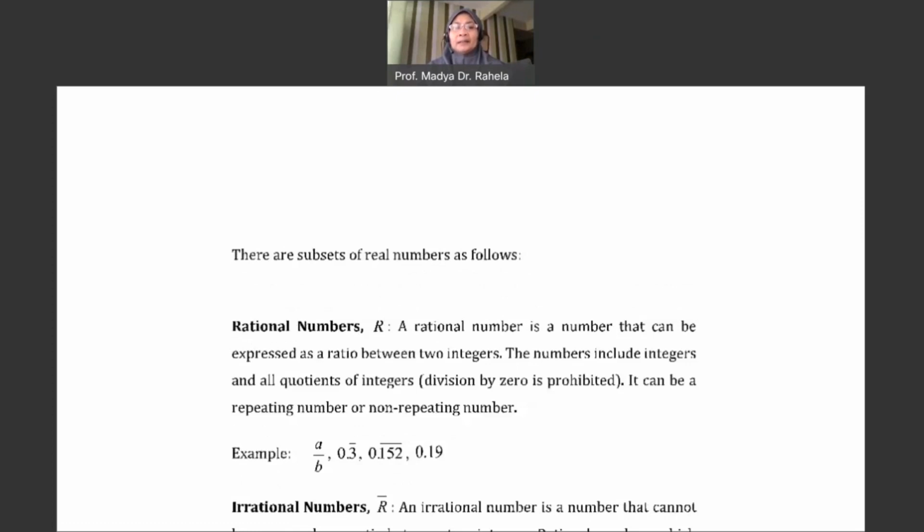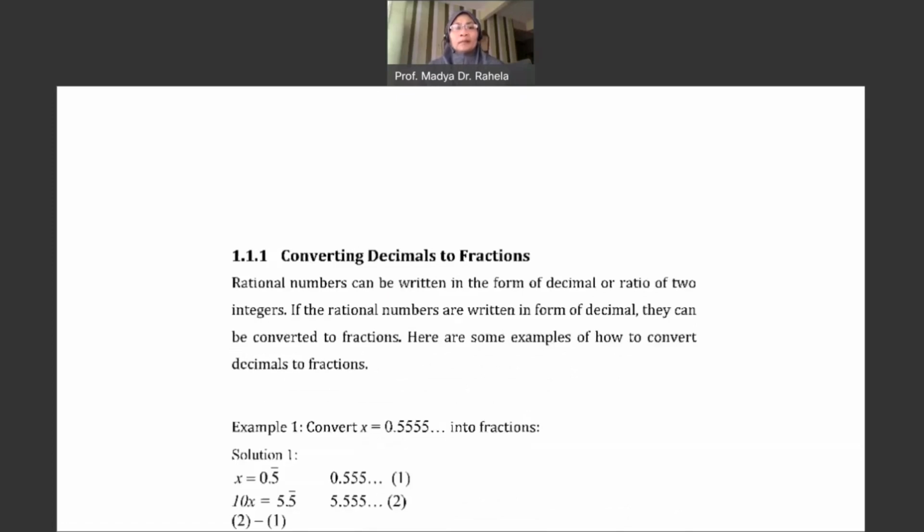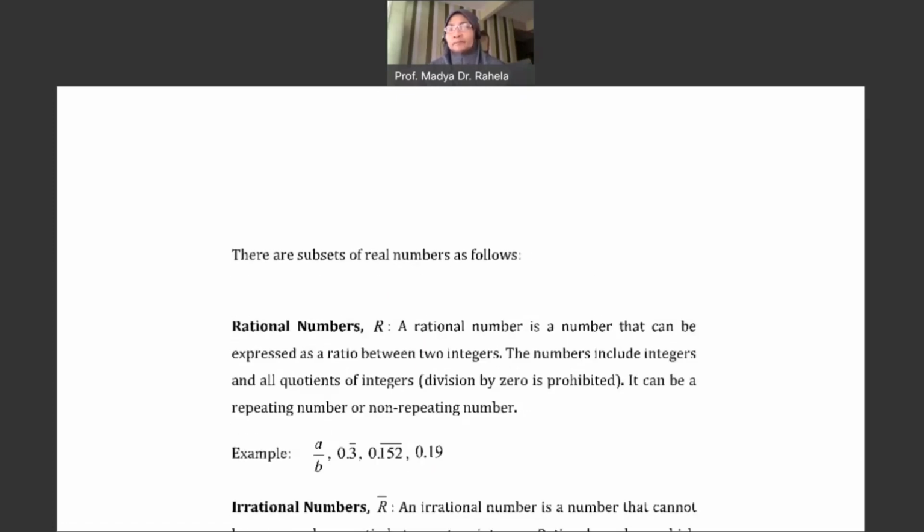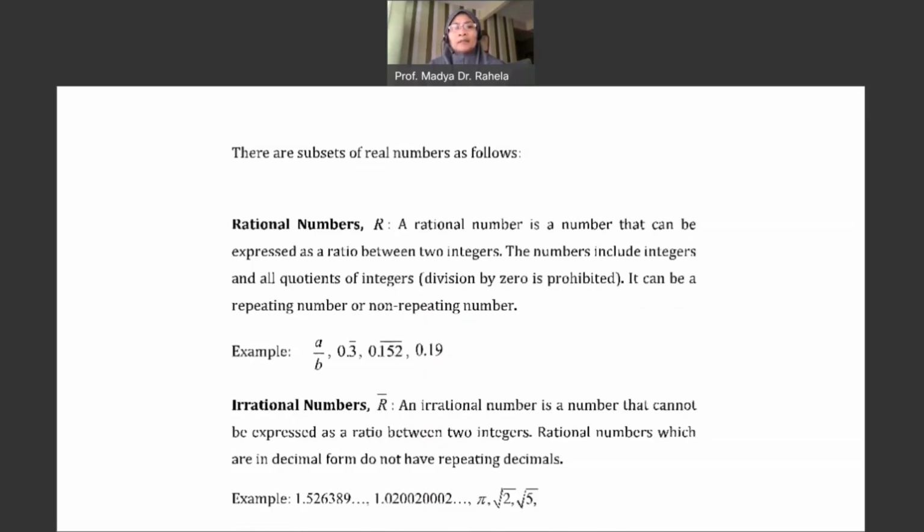And the decimal can be a repeating number or non-repeating number, and that one is considered a rational number. The 0.152 bar here, if we write it in the standard way, is 0.152, 152, 152, and so on. This type of number is considered a rational number.